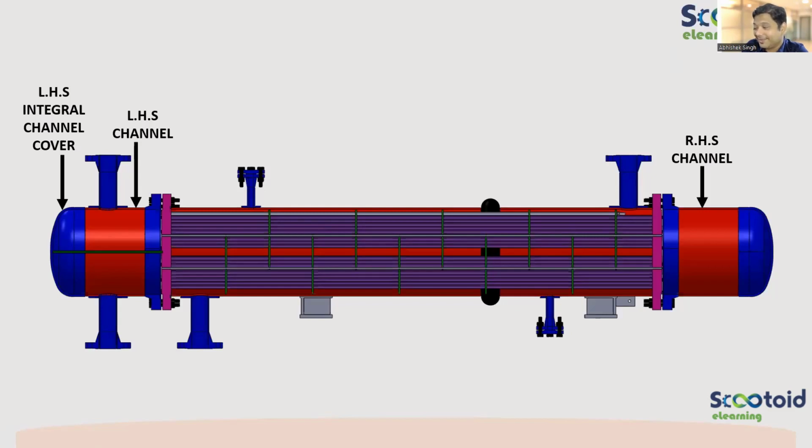By welding. So integral means they are welded. Very simple. Most of you got it absolutely right. Integral means it is combined, it is part of that. How do we make sure it happens? By welding. So it's an integral channel cover. Making sense, guys? Say yes, so that we can move forward. If you know, simple, right? Let me know if it is becoming difficult.